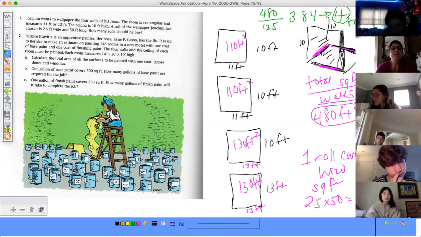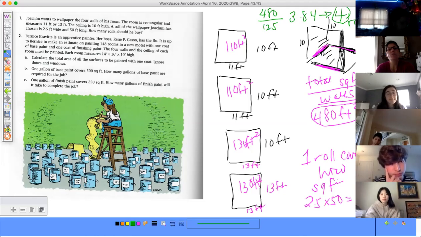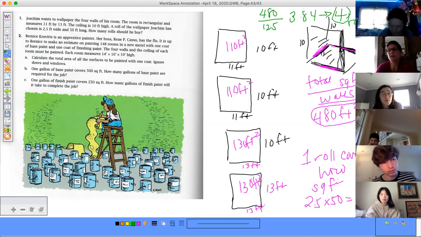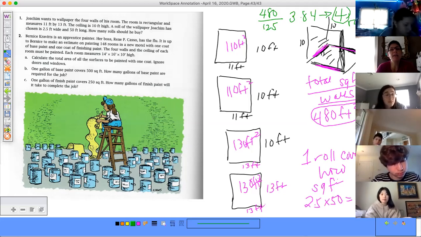All right, so question, you guys. How many walls altogether do you have to paint? 5. Just for one room. There are 5: 4 walls and a ceiling. Is everybody okay with that? So how many total walls does she wind up painting if there are 148 rooms, Harrison?